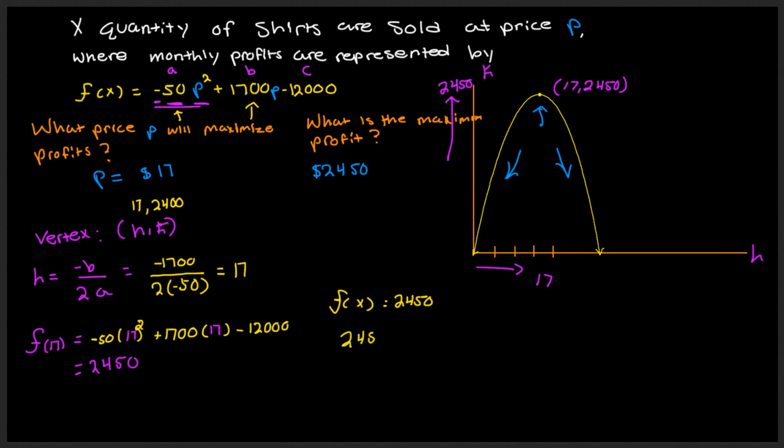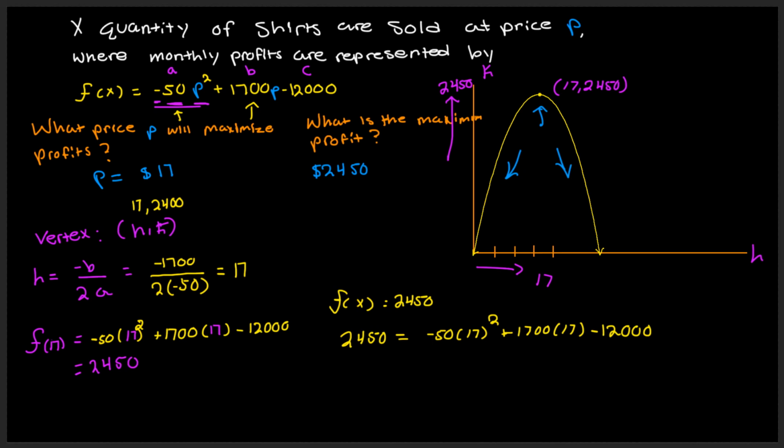And you can check this. 2450 equals negative 50 times 17 squared plus 1700 times 17 minus 12,000. These two sides of this equation will equal each other because this is the maximum value for this function.